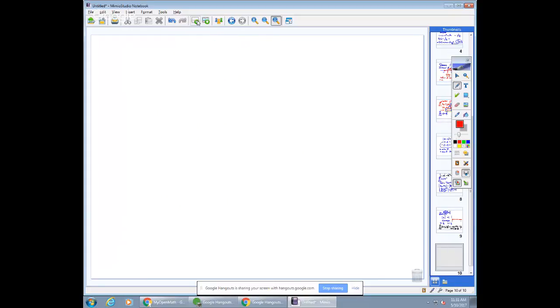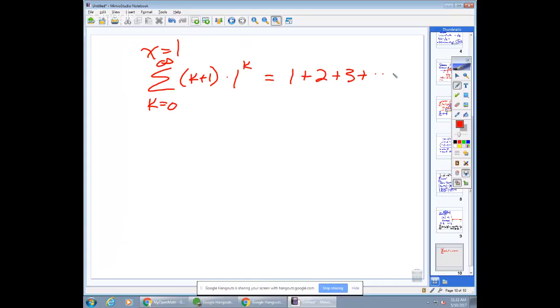So new, if x equals 1, then I'm going to get the sum as k goes from 0 to infinity, k plus 1 times 1 to the k. Well, 1 to the k is pretty boring, right? So this is just 1 plus 2 plus 3 plus 4. That's a problem. Divergent on that endpoint.